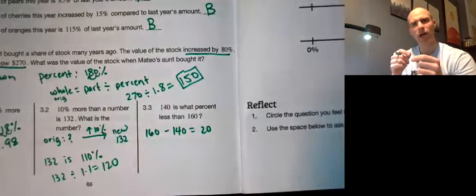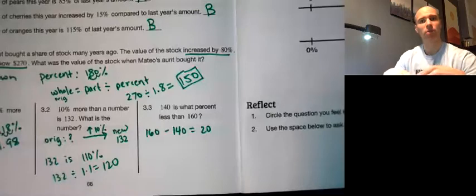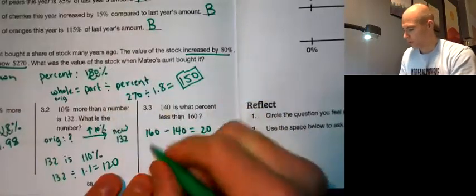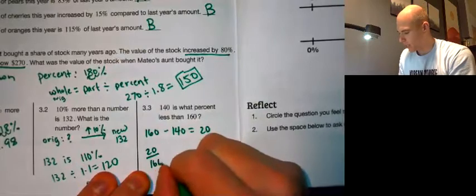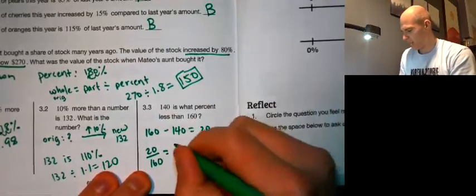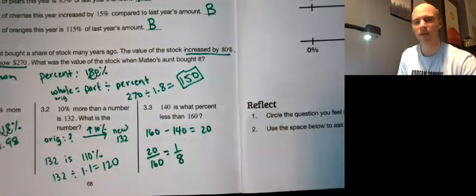You have to take 20 off of 160 to get 140. And so if we just figure out how much 20 is out of 160, that tells us our percent decrease. So I want to do 20 divided by 160. I see that that's the same as an eighth, right? I'm doing some fraction simplification there. And 1/8, this is one that I think I told my students to memorize at some point.